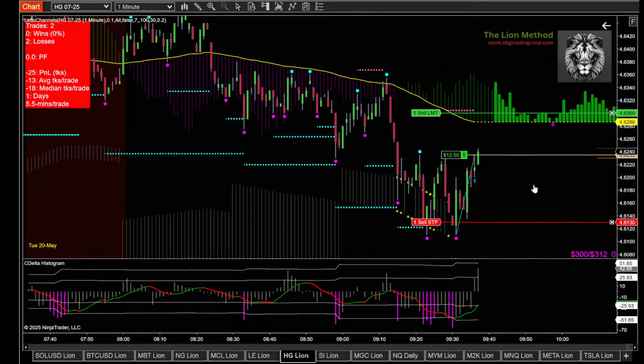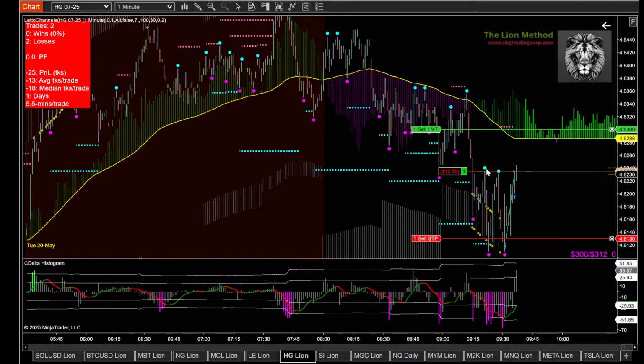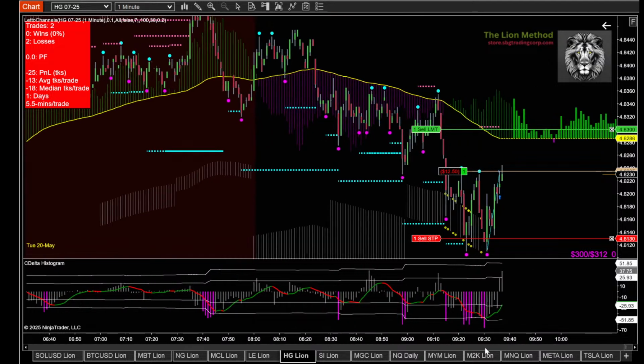Again, I like this trade. Expectancy histogram is up. Look at the strong buying pressure coming in as we try to push through these swing highs, areas of selling.